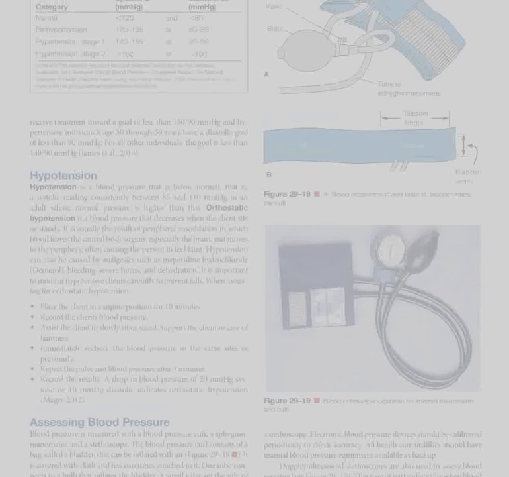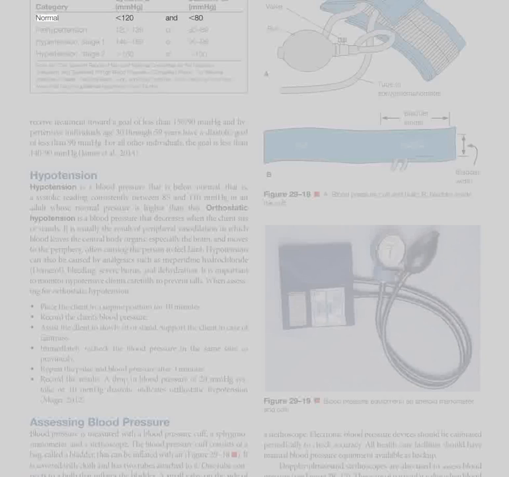Category: systolic BP, mmHg; diastolic BP, mmHg. Normal: less than 120 and less than 80. Pre-hypertension: 120 to 139 or 80 to 89. Hypertension, stage 1: 140 to 159 or 90 to 99. Hypertension, stage 2: greater than 160 or 100.